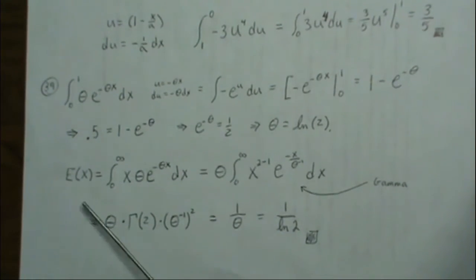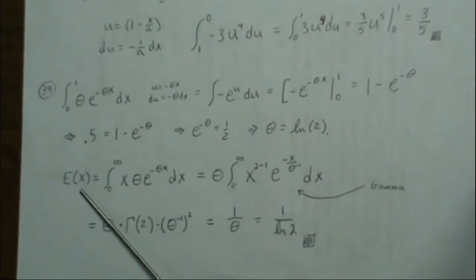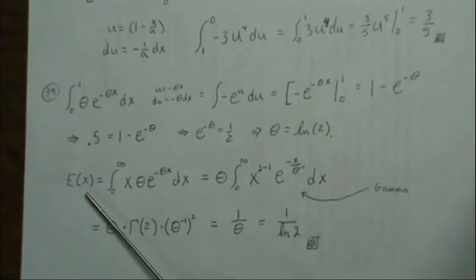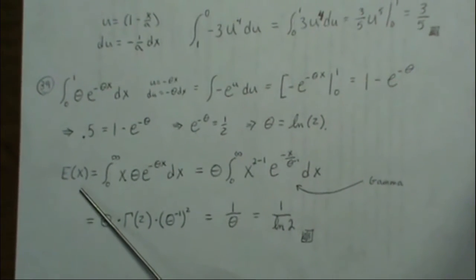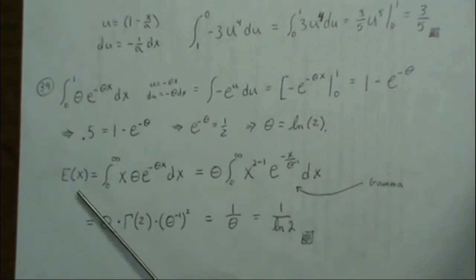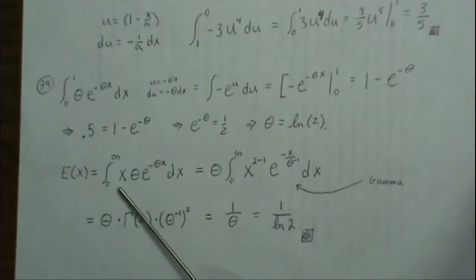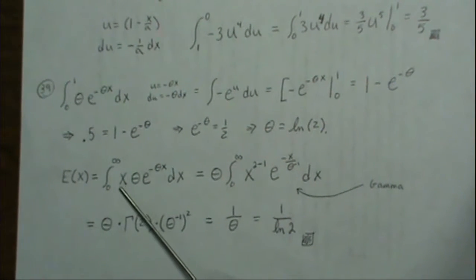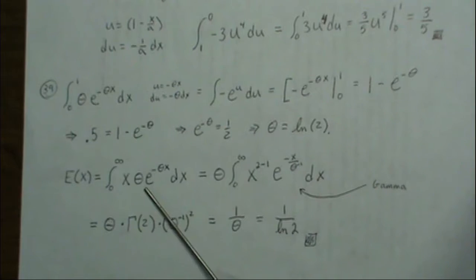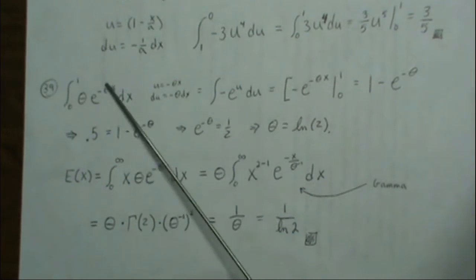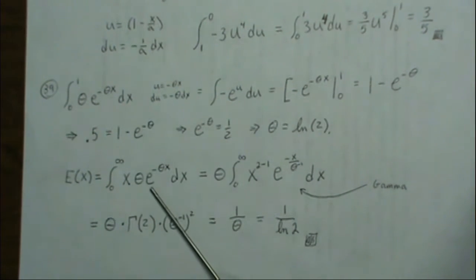Now we want to find the expected value of x. Okay, so I did this two ways, and I'll explain it in a second. I'm only going to show you one, but I'll explain what I did for the second one. So for the expected value, you put in x, and then it's times the density, which is what we have here. The theta is constant, bring it out. Now you recognize that this is a gamma density.